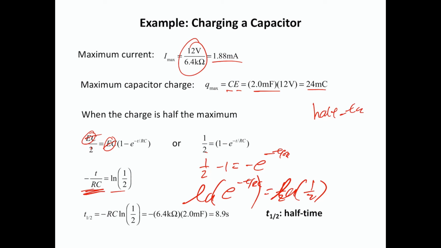So you rearrange this one. This is a factor. The natural log of half is about 0.69. So this is your half time, as we call it. The time, which is usually less than RC, 69% of RC, will be your half time.